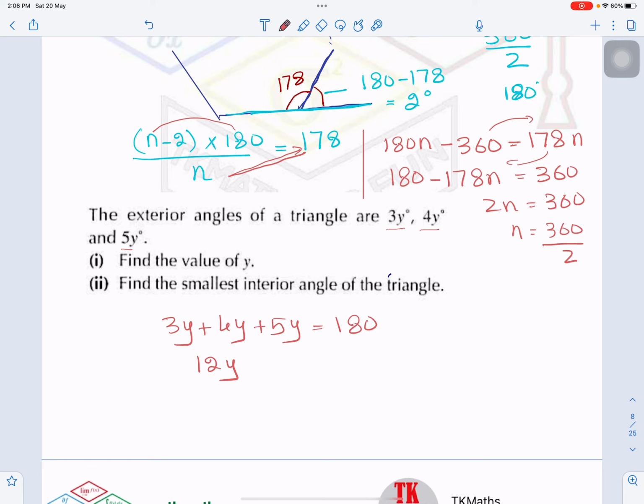So 12y is equal to 360. So y is equal to 360 divided by 12. So what will it be? 360 divided by 12 is 30 degrees. So we have found the value of y. The question is saying find the smallest interior angle.